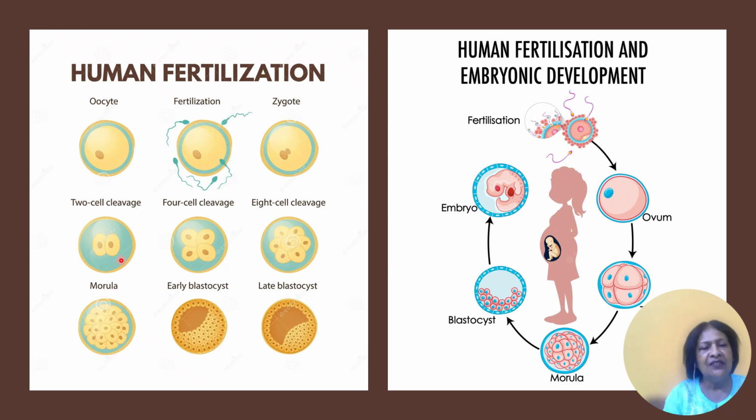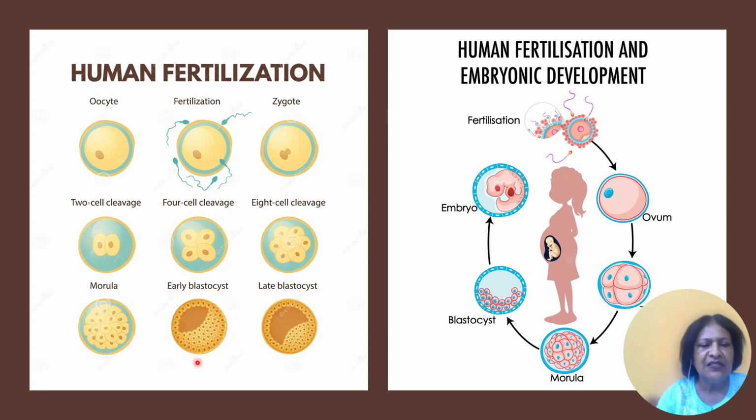The cells start dividing, first forming two cells, followed by 2 into 2, 4 cells, then 4 into 2, 8 cells. So at each division, the number of cells becomes double that of the previous. Then it comes to a stage where the entire structure is packed with no space between the cells, a compact ball of cells called the morula.